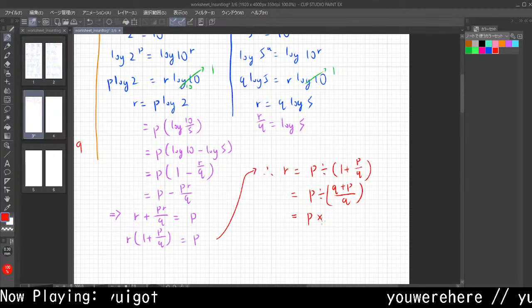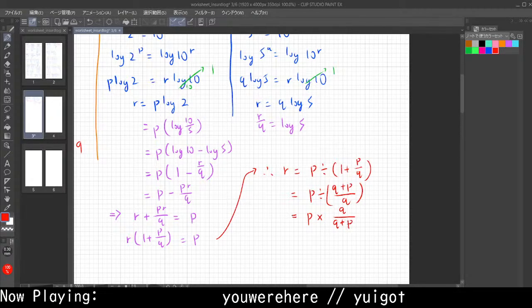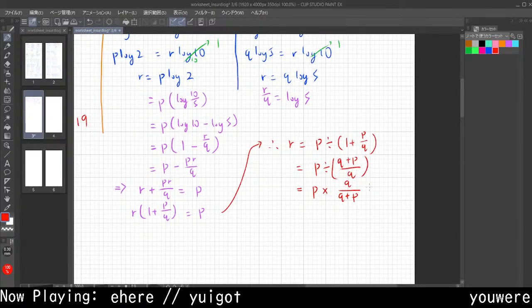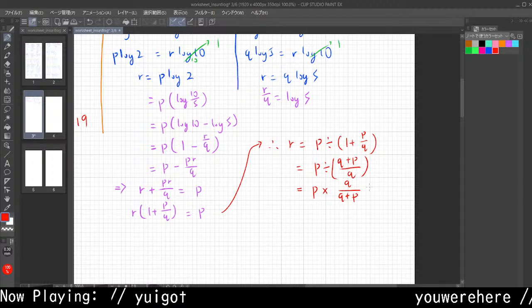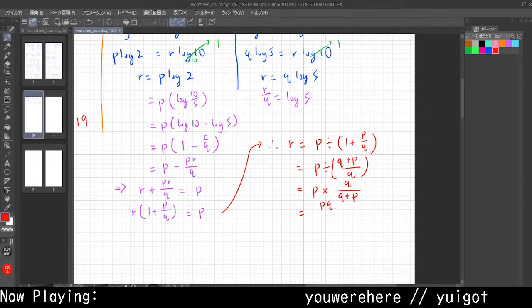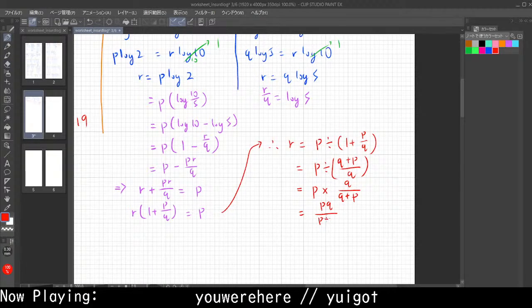Therefore, P, divide turns into times, flip the entire thing over, so I get P times Q over Q plus P. Then my P is a large number, I multiply with a fraction, I multiply on top of the fraction, therefore I will get PQ over Q plus P, or if you want to make it look good, you can write P plus Q.